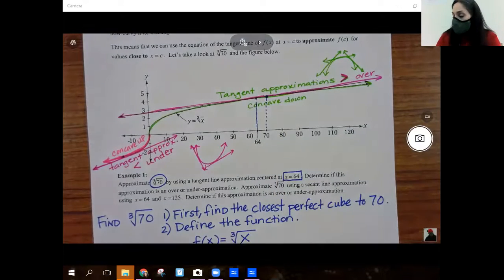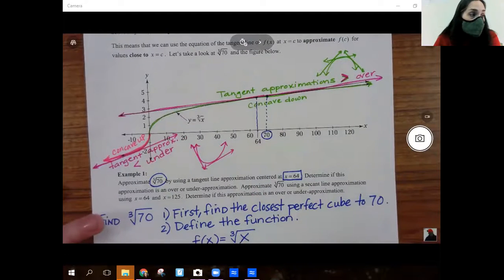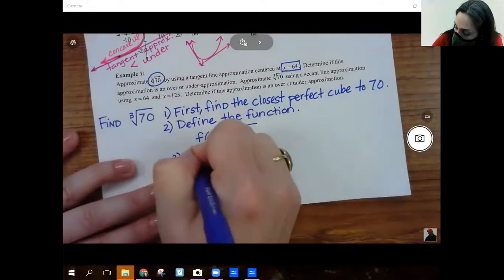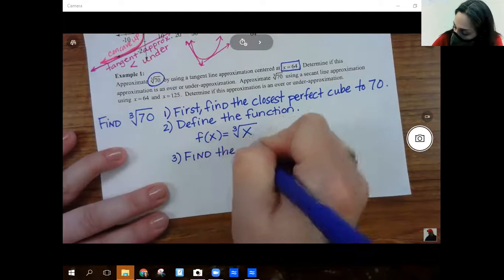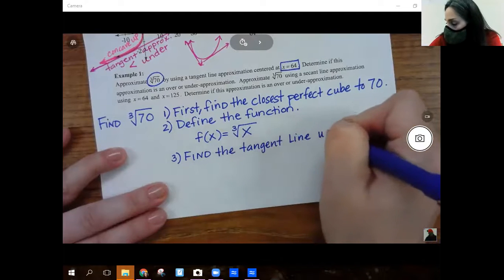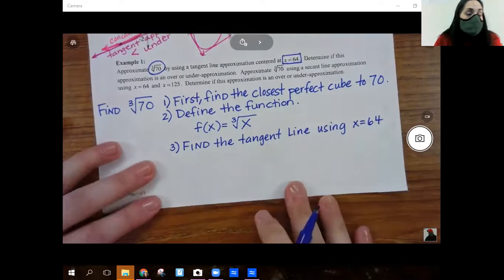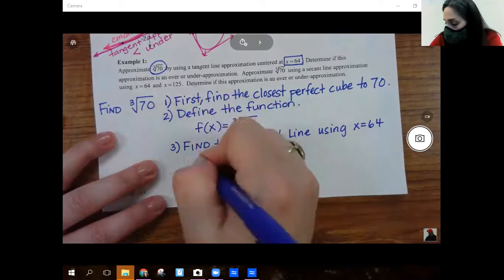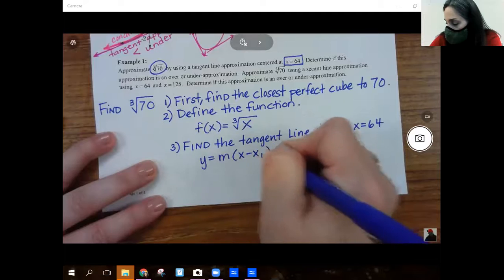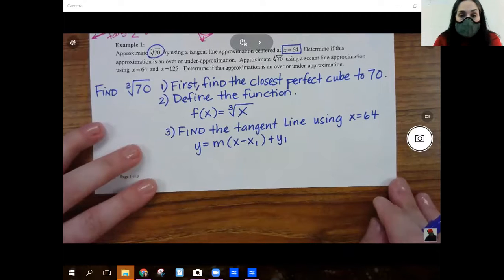So your goal is to come up with a tangent line that is really close to the value that you're looking for. Well, to get the tangent line, we're going to use 64, okay? But first, we have to write our tangent line in Taylor form. We've got to fill in all these little blanks and actually get an equation for the tangent line, okay?